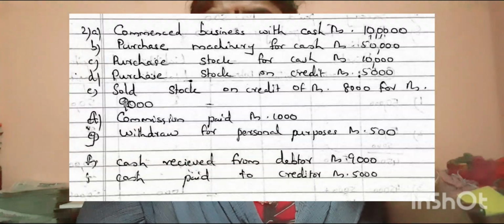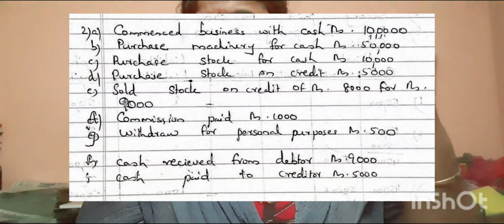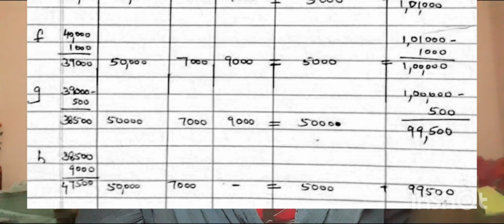Then cash received from debtor, that is, on credit basis we already sold, the debtor should pay the amount, so we receive the cash, cash is increased and debtor will be reduced. There is no change on the liability or capital side; cash increased, debtor will reduce. All other items are the same.